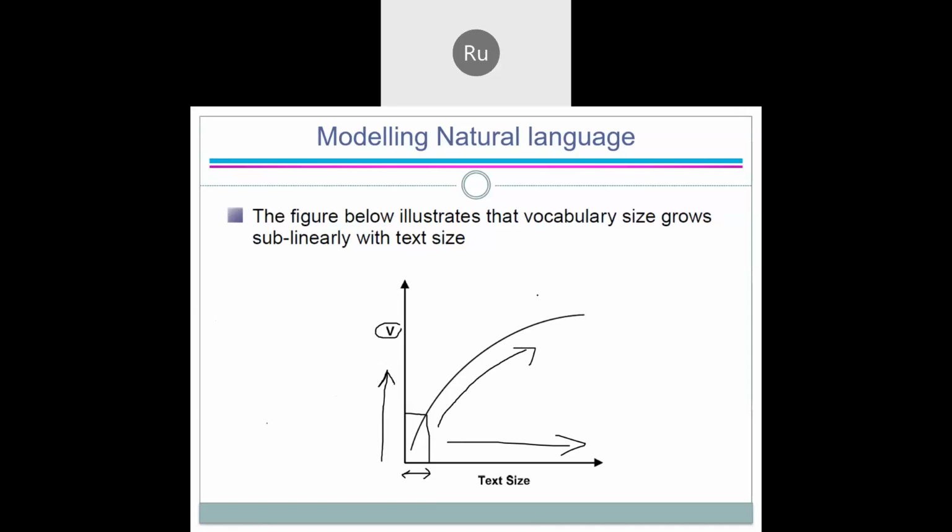But in a certain language, even if we increase the text size, we cannot get more vocabulary because we have limited vocabulary. So our graph will look like this. The size of text increases, but our vocabulary will stop there because we don't have that many words in our language.